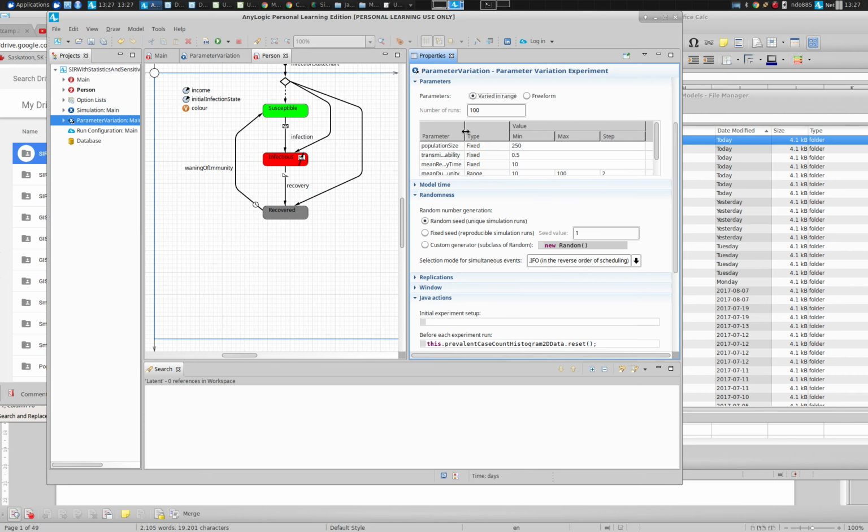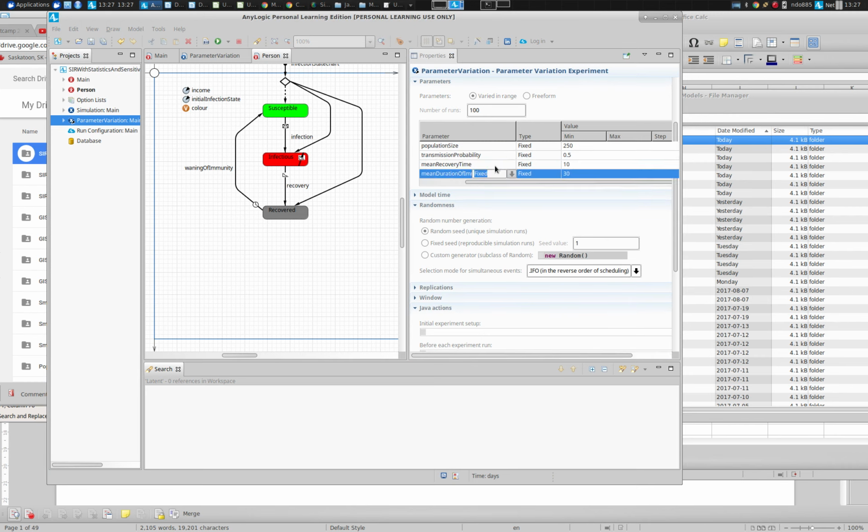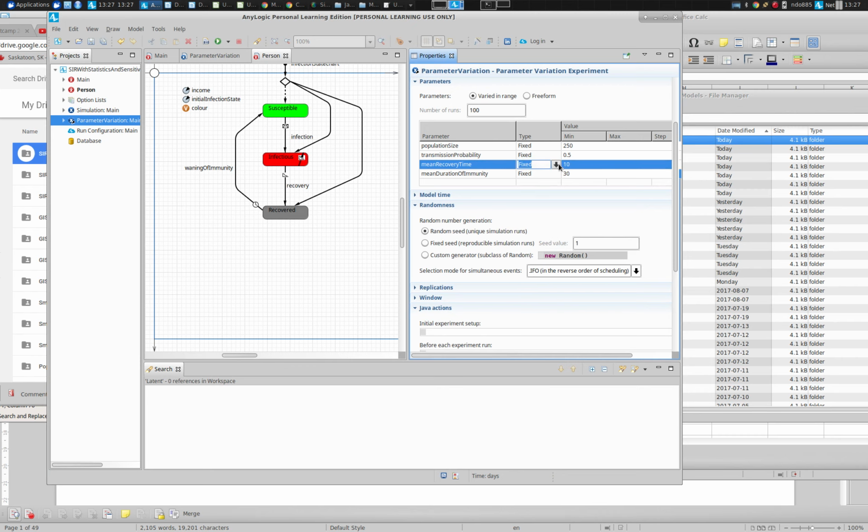For example, we could vary the mean time until waning of immunity, from 10 days to 100 days by a factor of 2. Or we could examine the impacts of making that fixed and varying instead the mean recovery time, varying it from 5 days to 15 days with a step of 1.